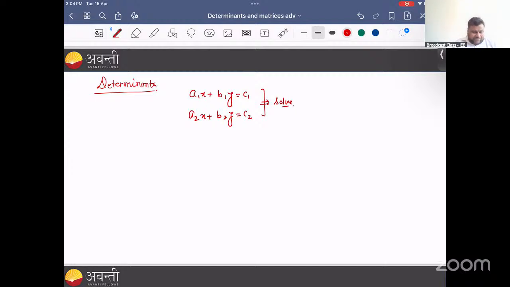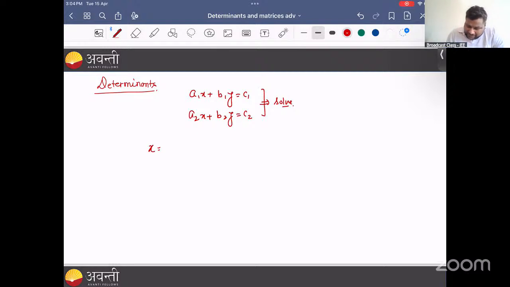How do we solve them? Multiply the first equation by B2 and the second equation by B1, then subtract. Then y cancels out, and you get the value of x.